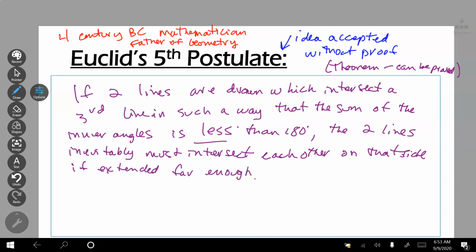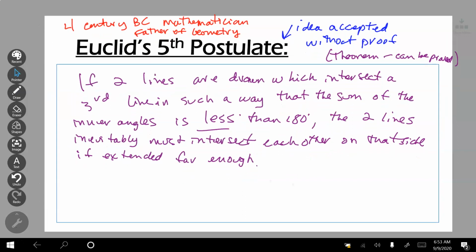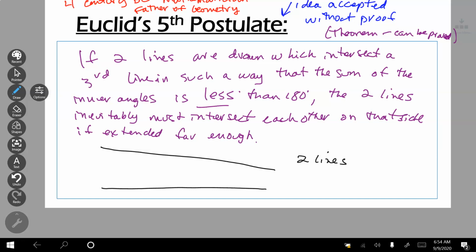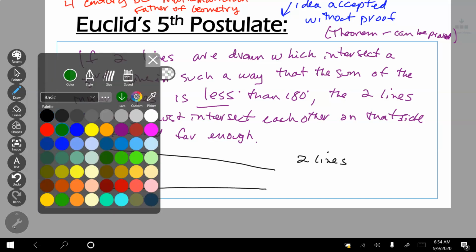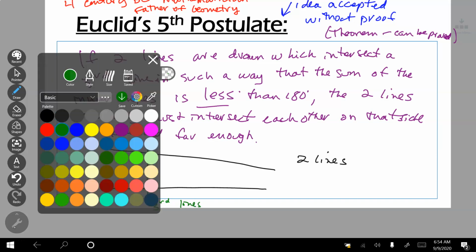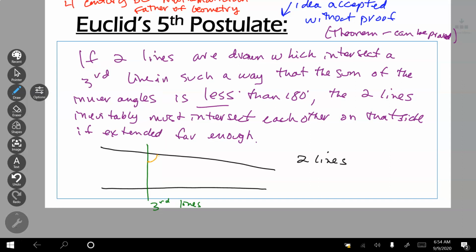What does this mean? Well, basically, let me grab my pointer. Here are my two lines, and they hit a third line. Here's a third line, and I create these two angles, angle 1 and angle 2. These are my inner angles.